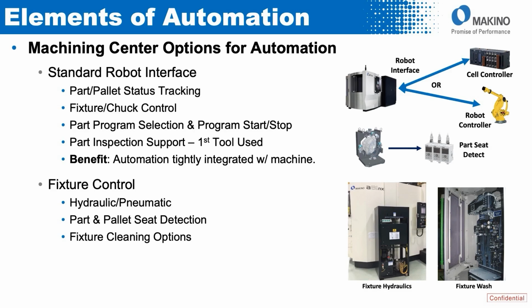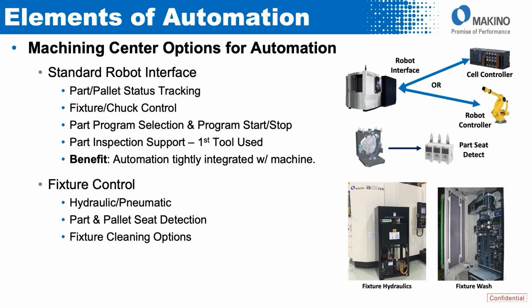And then fixture cleaning options. As you're changing those parts and pallets in and out of the machine, it's a very dirty environment. You've got coolant, you've got chips flying all over the place. You need to make sure you clean those out and that you don't have them on your locating surfaces when you're exchanging those parts or pallets. So we've got the fixture wash through fixture coolant.